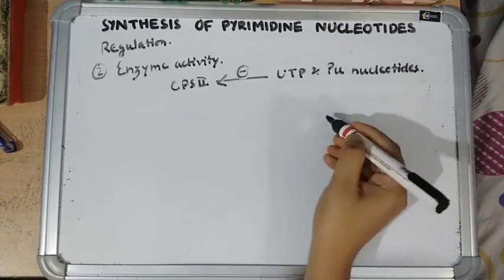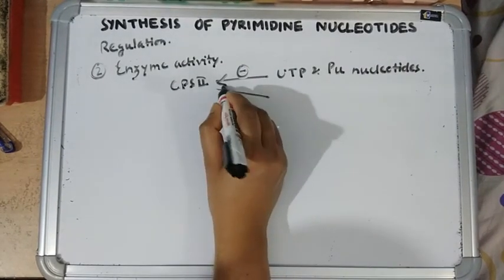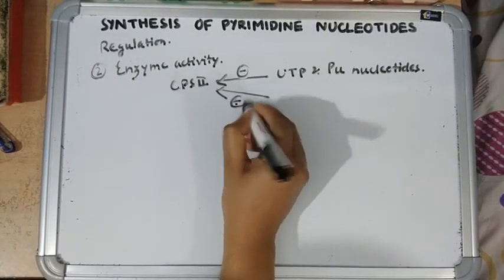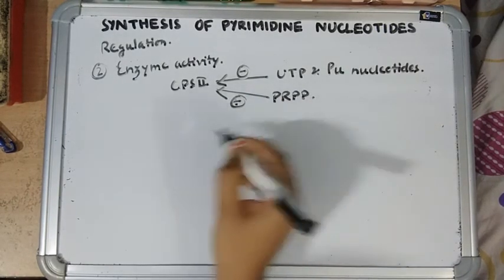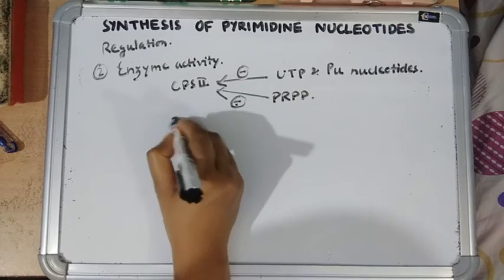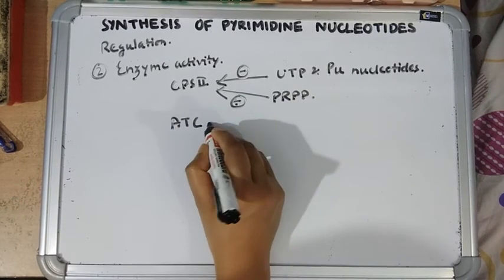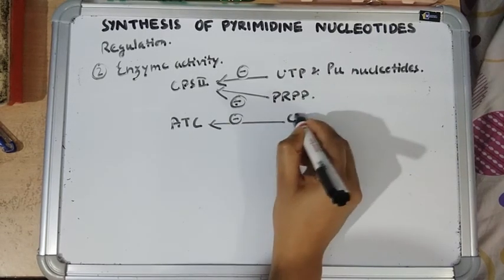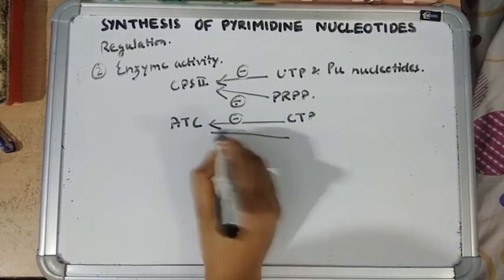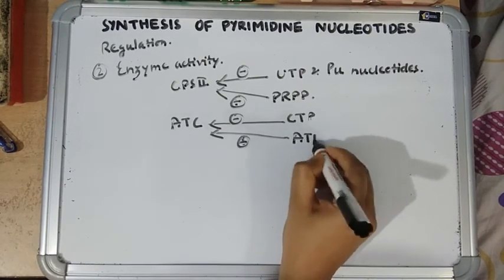So there is cross regulation from purine nucleotides also, and it is activated by phosphoribosyl pyrophosphate. The enzyme aspartate transcarbamylase is inhibited by cytidine triphosphate and activated by ATP.